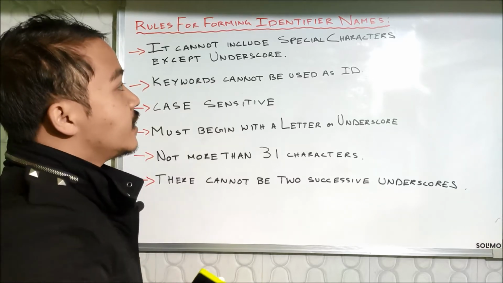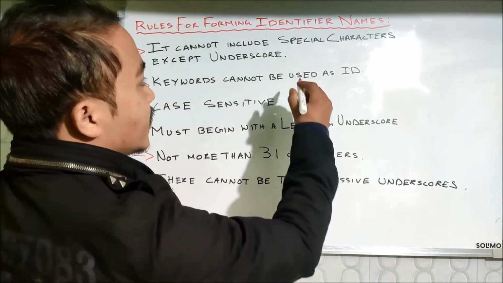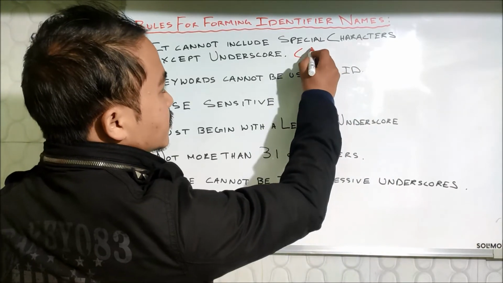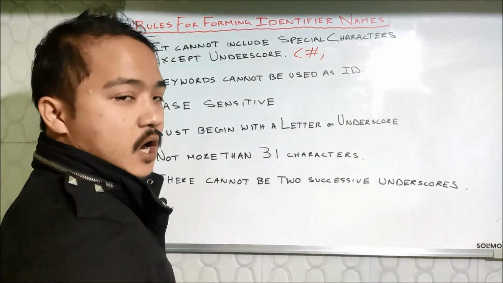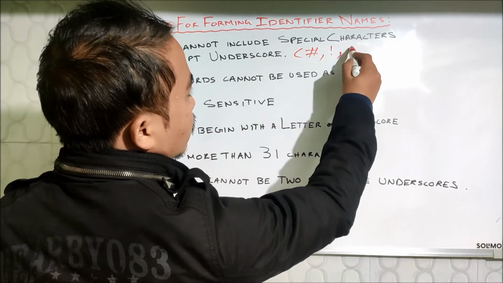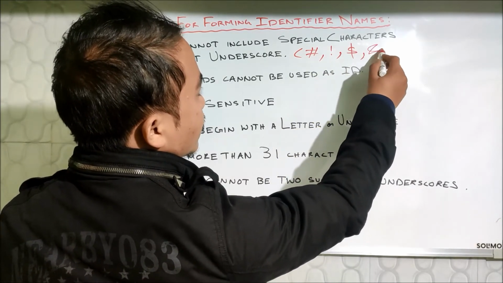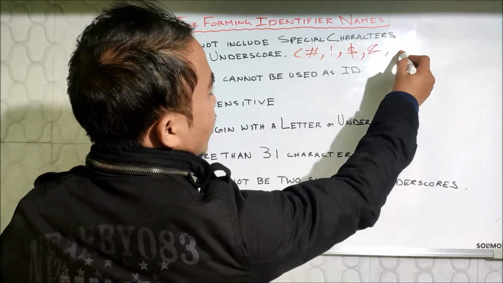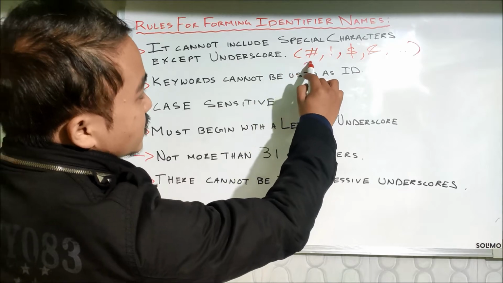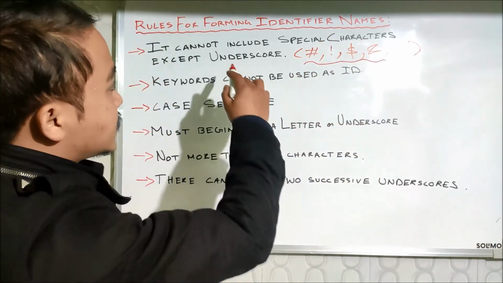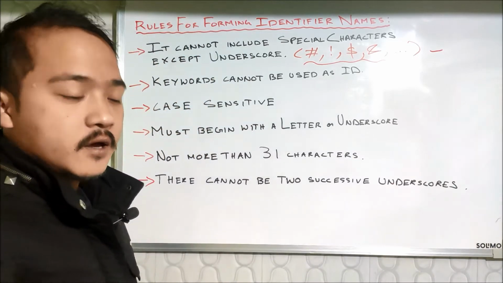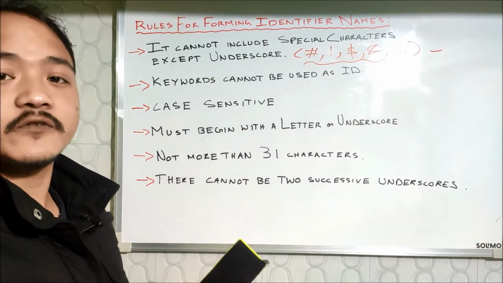It means that an identifier cannot include special characters like hash, exclamation, dollar sign, ampersand, etc. Identifiers cannot include special characters like these except an underscore. Underscore is allowed for naming an identifier.